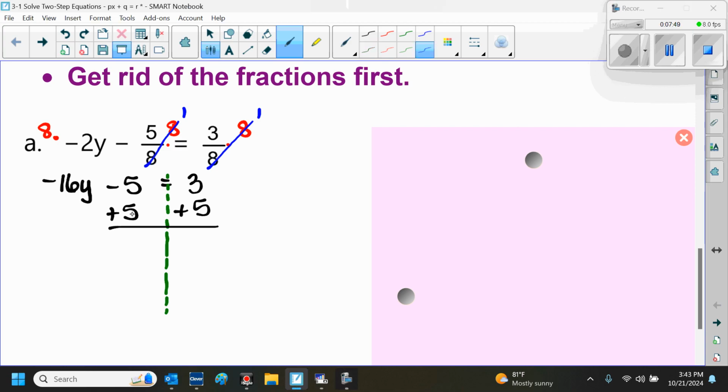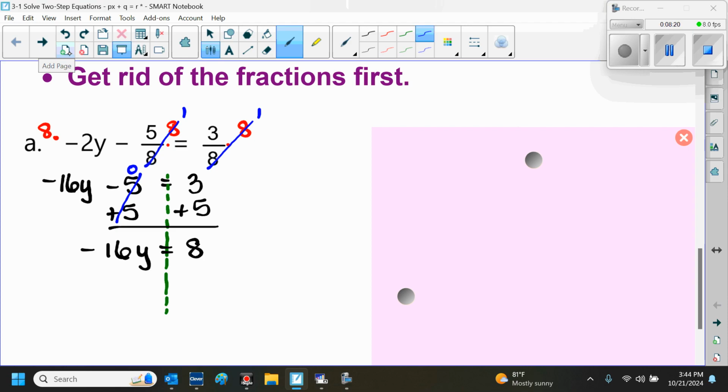So here, we've got those 5s, those cancel to 0, so we're left with negative 16y over there equals 8. Now, we're going to cover up the y, we'll cover up our term, which means we want to get rid of what? Negative 16. So, pay attention. Because this says negative 16 times y, what's the inverse operation?